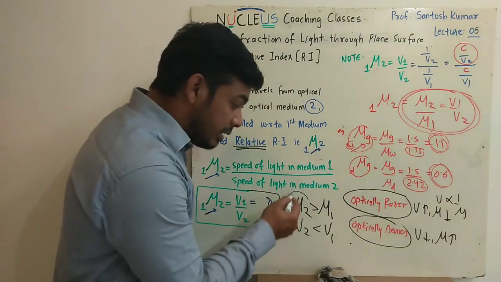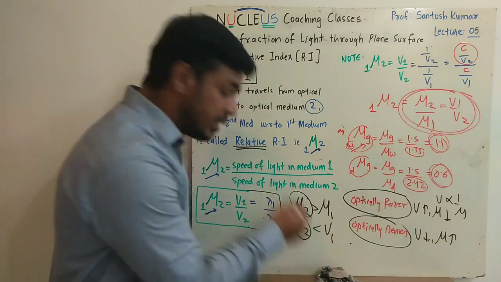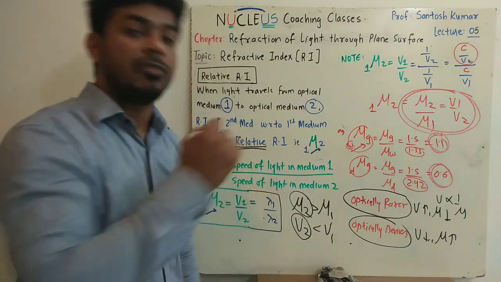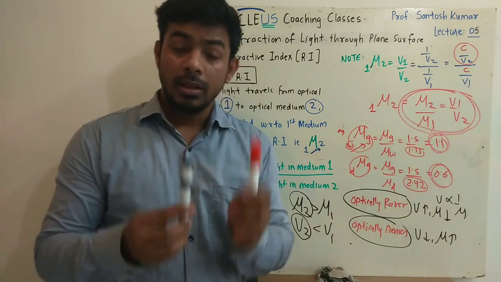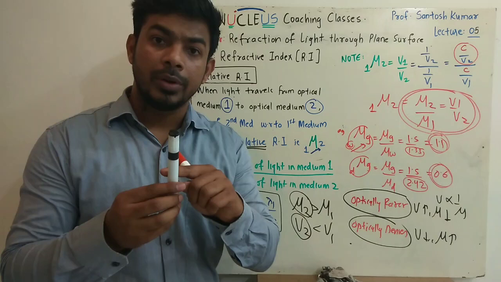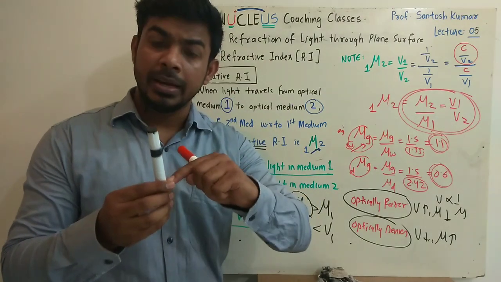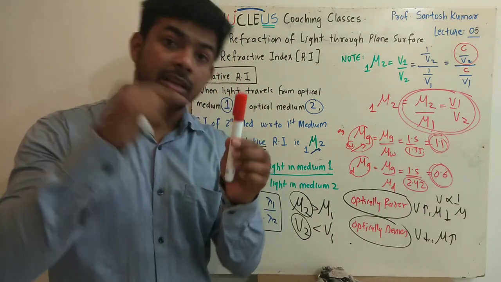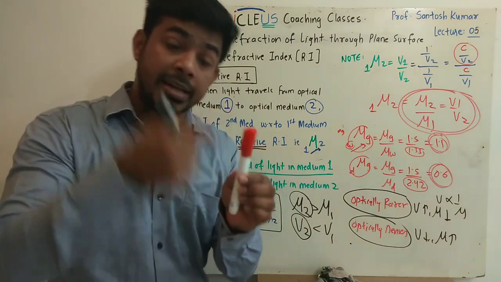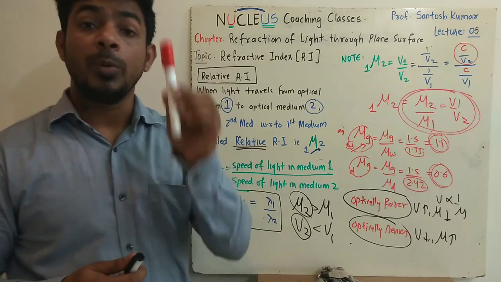That means greater the refractive index, lesser will be the speed, denser will be the medium. So whenever we compare two mediums, the medium having greater refractive index will have lesser speed and is said to be optically denser. The medium having lesser refractive index will have greater speed of light and is said to be optically rarer.